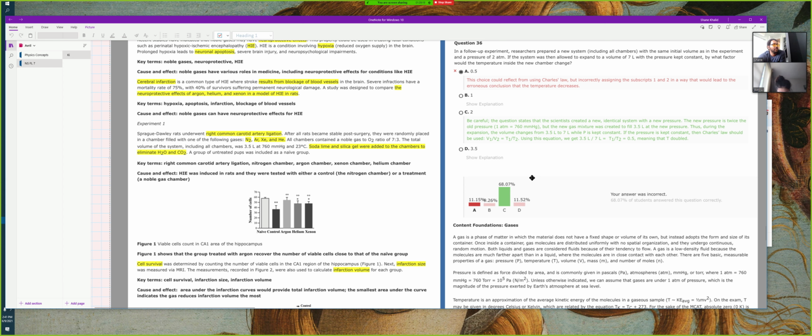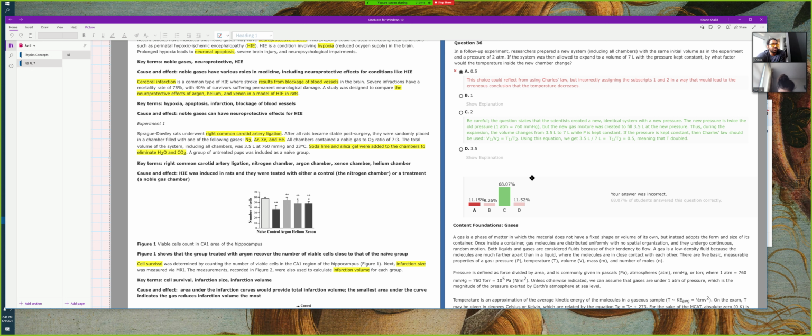All right, let's see. They're saying that pressure is 2 atm, allowed to expand. So pressure 1 is 2 atm, I suppose.